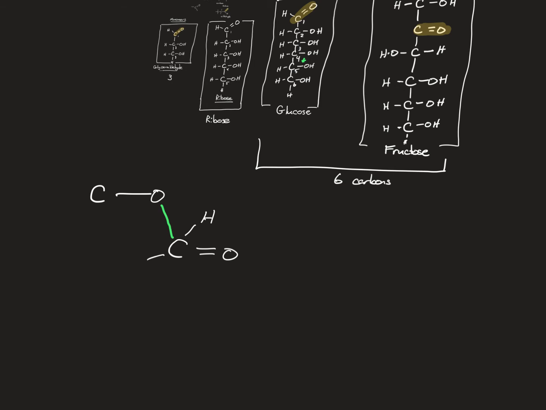Now when that happens, you'll see here that this has a double bond to this oxygen. And carbon can't have 5 bonds. It can only have 4. So it's going to lose one of those bonds. So now it has 4 bonds.